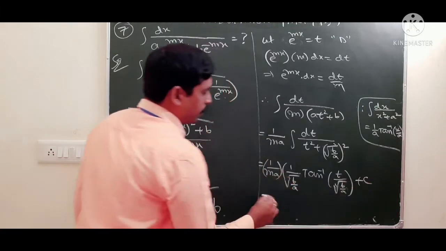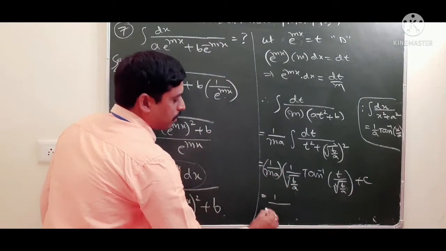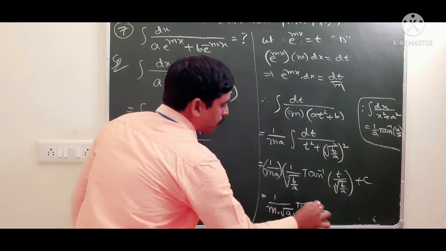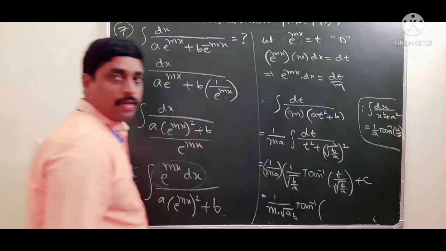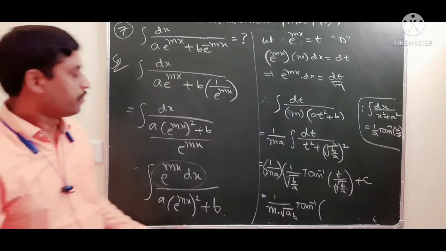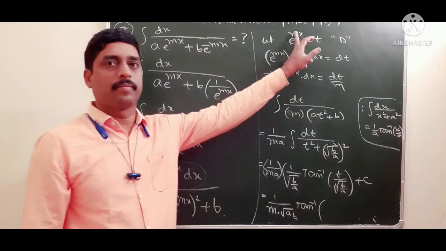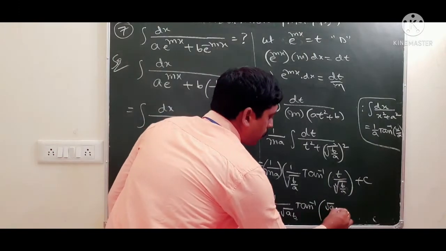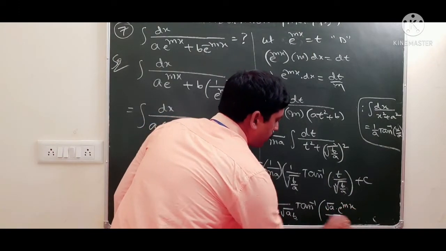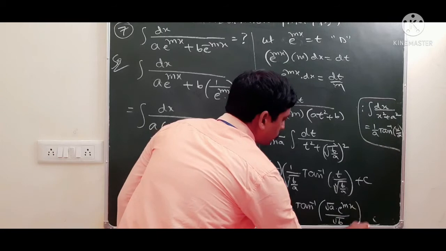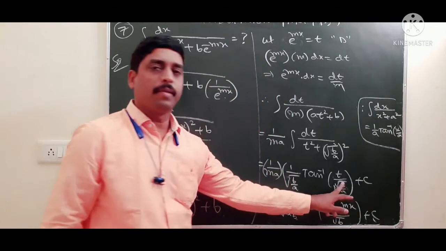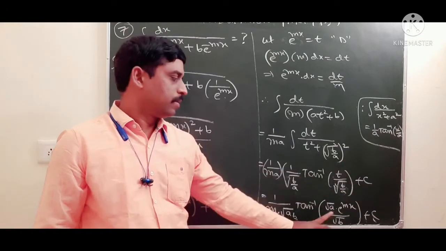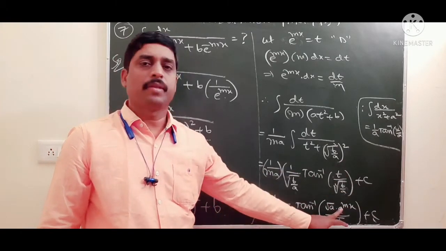This will be, root a gets cancelled, 1 by m root ab tan inverse of, in place of t we write e to the power mx. So root a into e to the power mx by root b. Root over b by a means root b by root a. This denominator root a multiplies with t. So root a by root b into e to the power mx plus c.